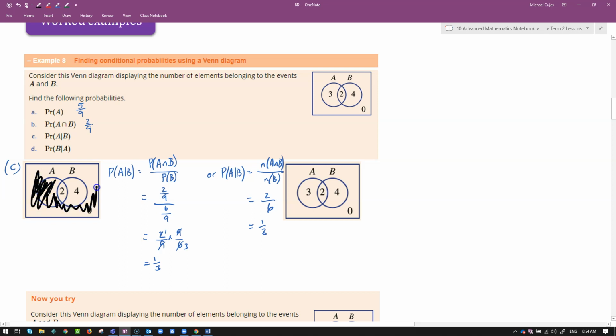We are only interested in looking inside circle B. I've been given that circle B is definitely true. So now I'm only looking at that circle. What's the probability that something is in A given it's inside that circle? And you can see straight away that it's 2 out of the 6 in the circle altogether, or 1/3.